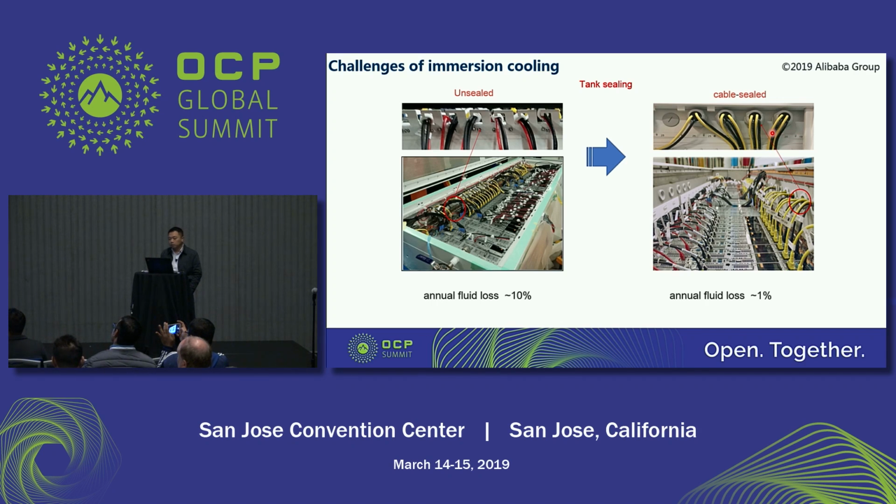The cable is sealed. Through long-time operation tests, we found that the difference of liquid loss between the two tanks is quite large. In order to reduce the operation cost, finally we chose the sealed tank design. The annual liquid loss is about 1%.